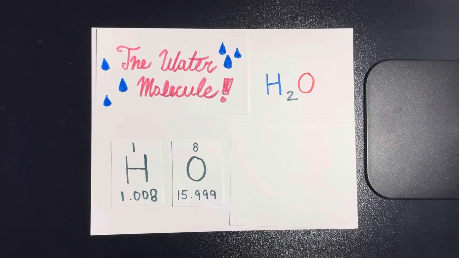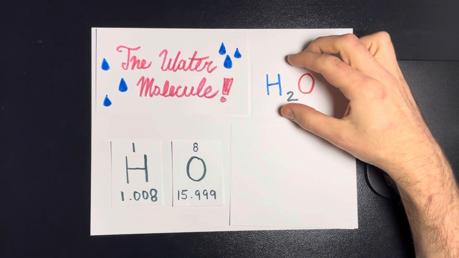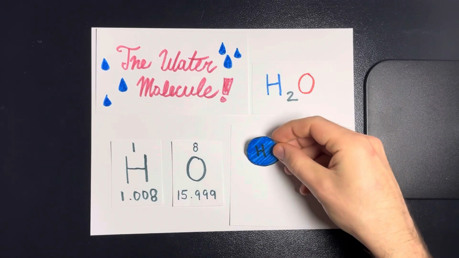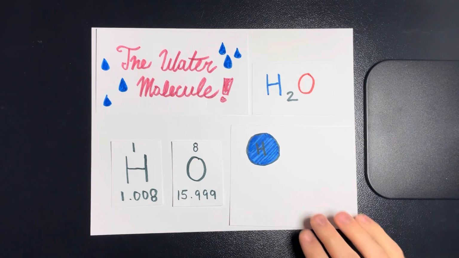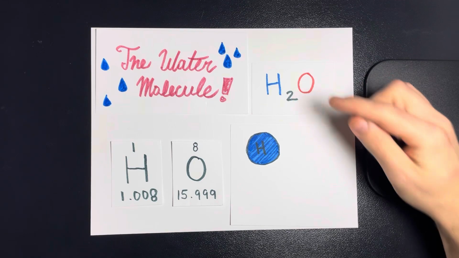Great, so now let's crack the code. Let's build our kind of water structure. So first we need an H, right? We need an H, denoting hydrogen. So I have one hydrogen atom here. Now you may be asking, hey, what's the little 2?